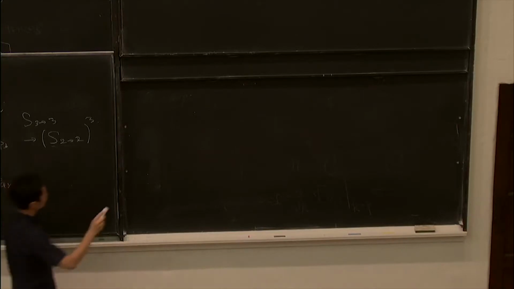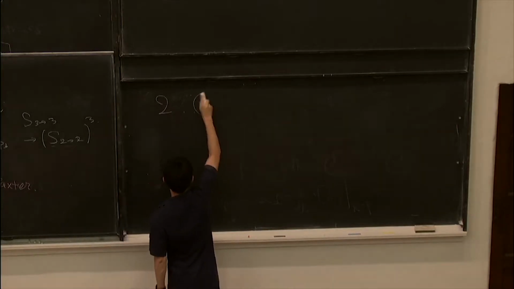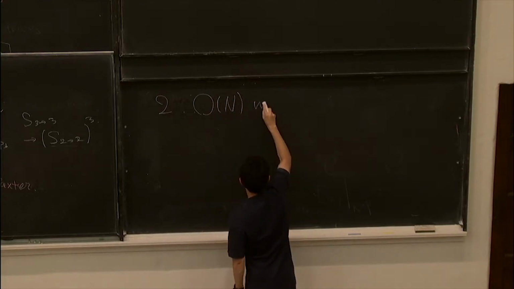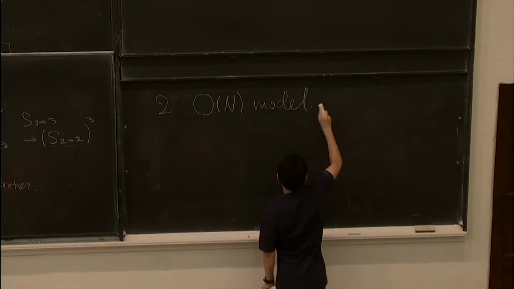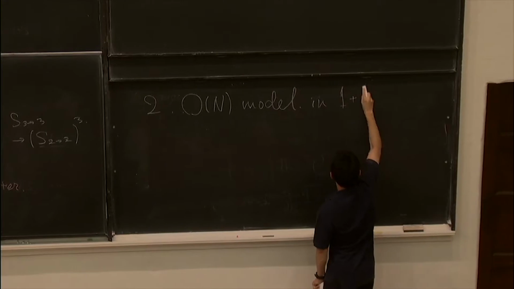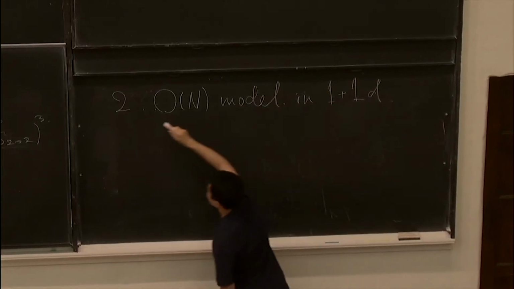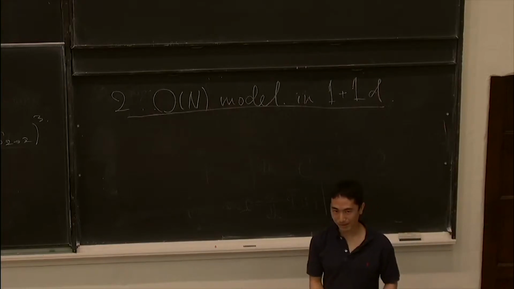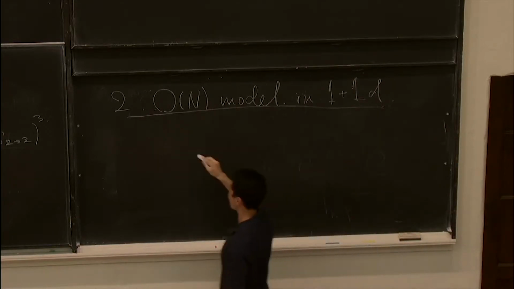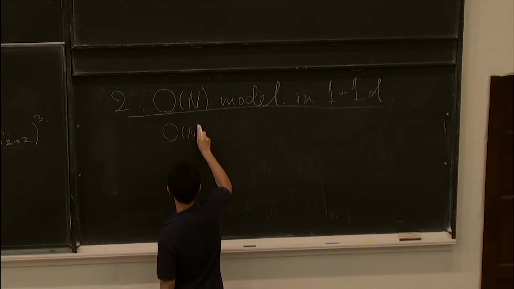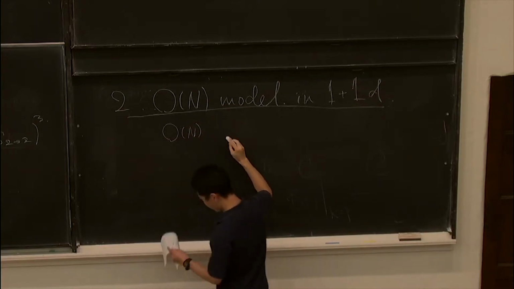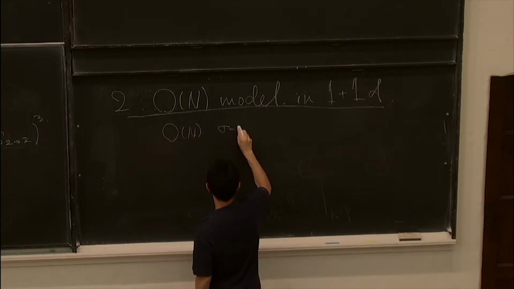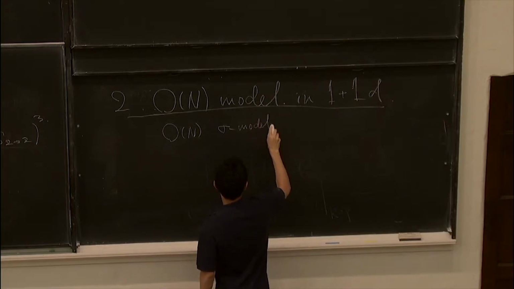Okay, so I'm going to talk about the ON model. Let me first define what I mean by the ON model. What I mean by ON model is actually the ON sigma model.